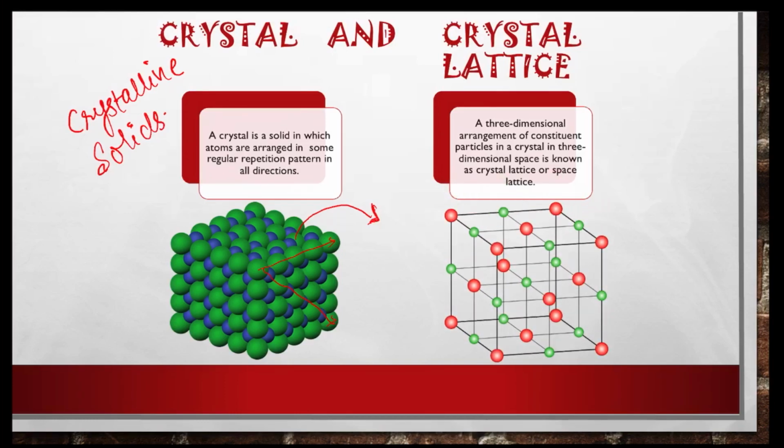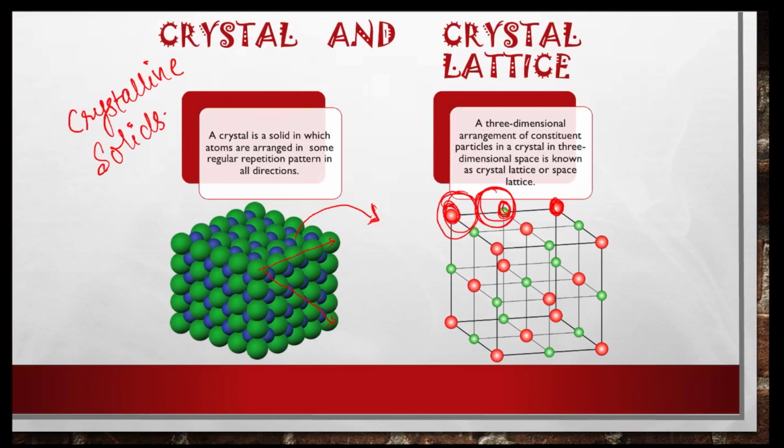So you see, now instead of actually representing the atoms, we are just pinpointing that this point over here constitutes a particle, this point over here constitutes a particle, this point over here constitutes a particle. Now actual arrangement is, there's a whole sphere over here, there's a whole sphere over here.